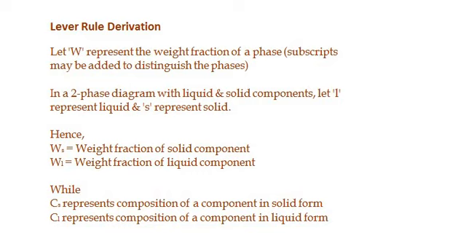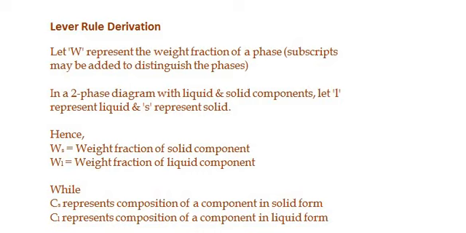It is important to also note that we can have a particular percentage of nickel in our alloy in the liquid form, and another percentage of it in the solid form. Likewise, copper. That's why we have WS, WL, CS, and CL.